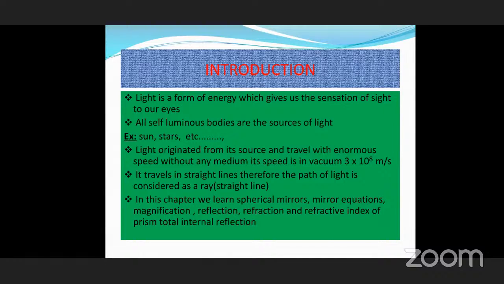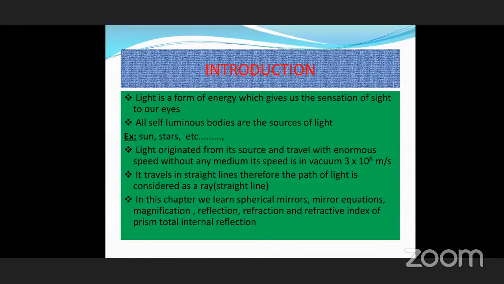The source of light is luminous bodies like the sun, stars, a glowing candle, electric bulbs. When light originates from these luminous bodies and falls on non-luminous bodies, it scatters in all directions. This scattered light enters our eyes and we get the sensation of objects. We can see all the objects.